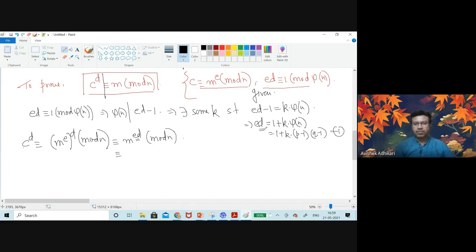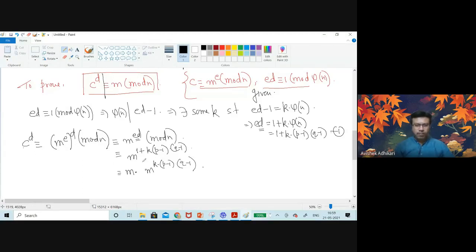Now put the value of ed. So m to the power 1 plus k into p minus 1 into q minus 1. That means this is the same as m into m to the power k into p minus 1 q minus 1.